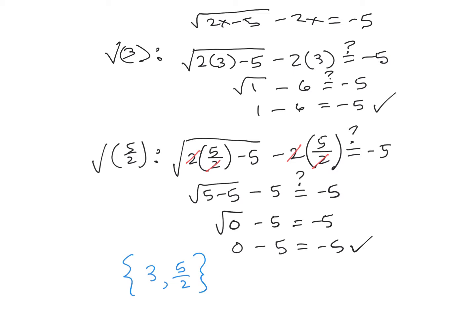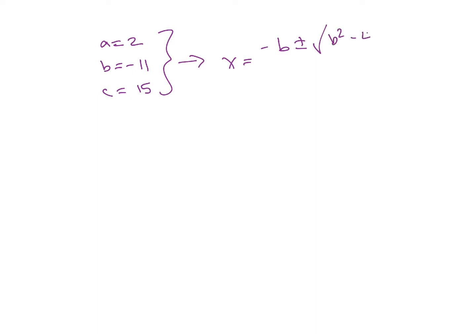All right, fun times. Number 5. a equals 2, b equals -11, c equals +15. So we're going to plug those into x equals -b plus or minus the square root of b squared minus 4 times a times c, all divided by 2a.